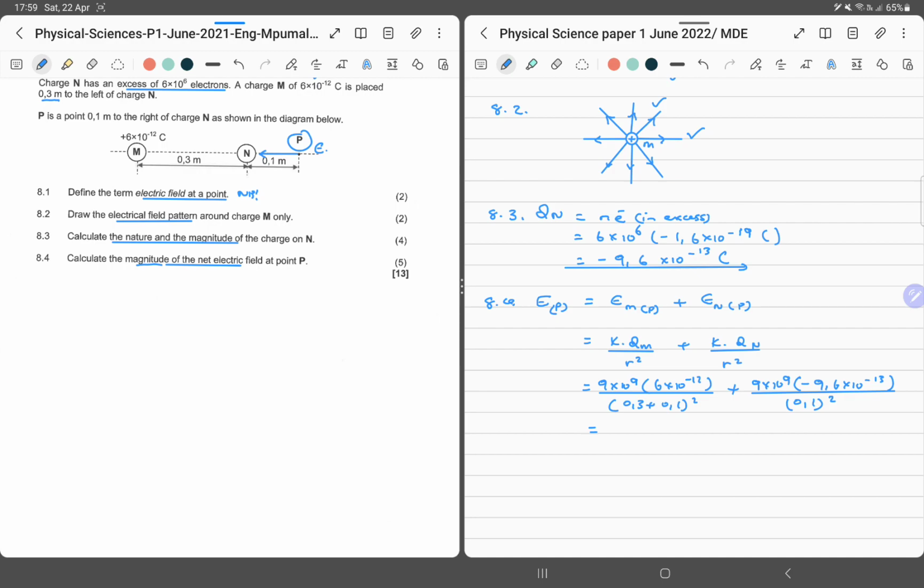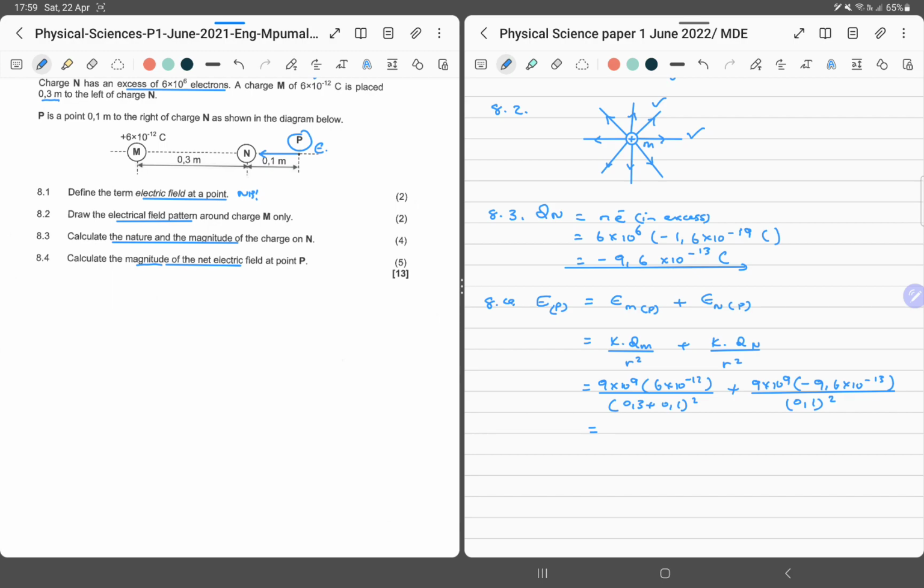Okay, let's do it. So we've got 9 to the 9 into 6 times 10 to the minus 12, divided by 0,4 squared, plus 9 to the 9 into minus 9,6 to the exponent minus 13, divided by just 0,1 squared.